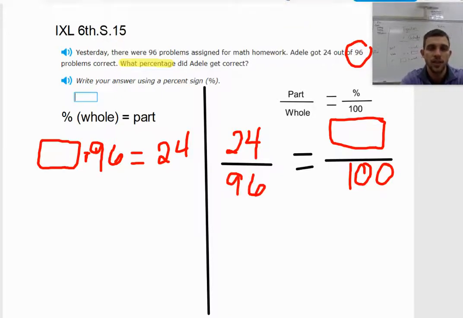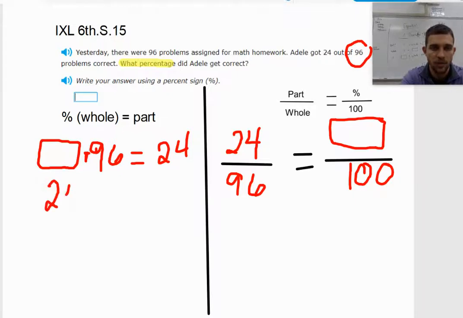And so now on the side that has the equation, we're still going to do the same thing. We're missing a factor. So what we're going to do is we're going to divide it backwards to find the missing factor.